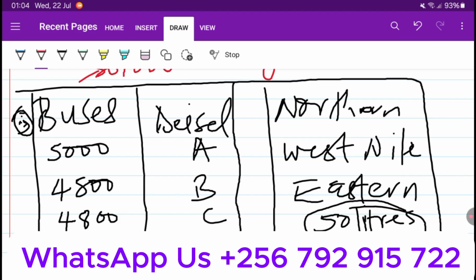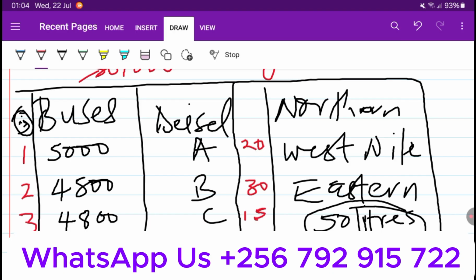We can assume that maybe bus 1 is going to consume, let's say, maybe 20 liters. The other consumes 30, then the other consumes maybe 15 liters.